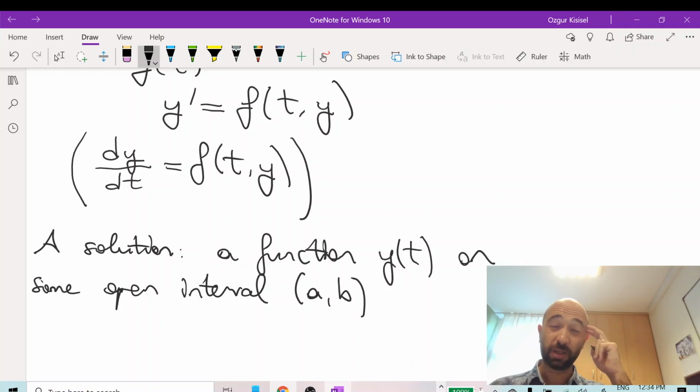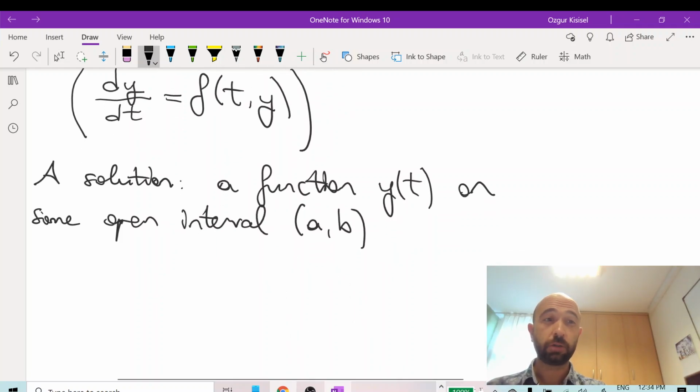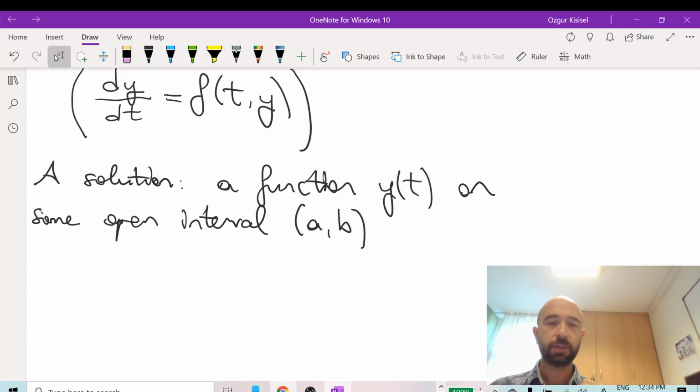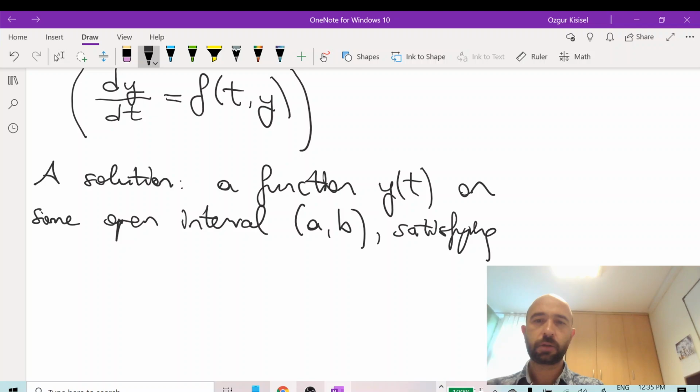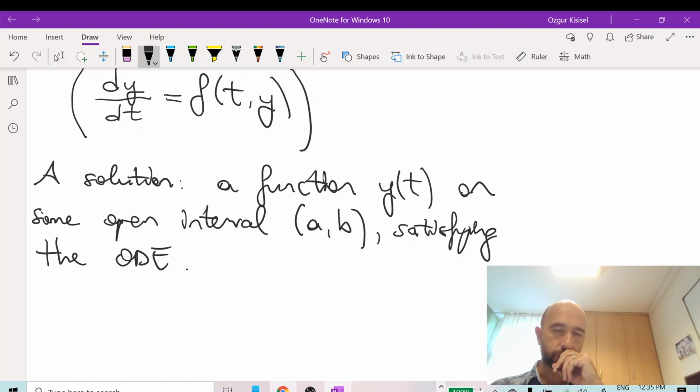I mean, one should tell what interval one is working on. By the way, A could be minus infinity, B could be plus infinity, those are possible. Okay, of course, satisfying the differential equation, right? Something like that is called a solution. You might have many solutions to the same differential equation, and you typically do.